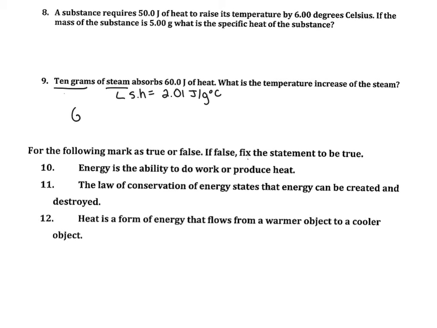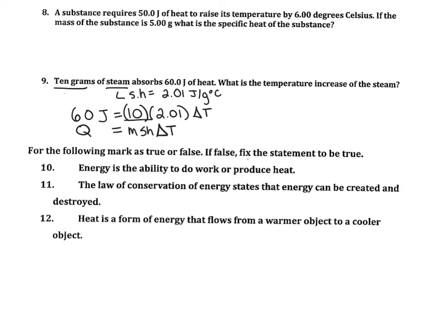It says it absorbs 60 joules of heat, so that's our Q, and our Q is equal to mass, which is 10 grams, times specific heat, which is 2.01, times our temperature change. And that's what we're trying to find, our temperature change for that problem. So we want to solve for our unknown.